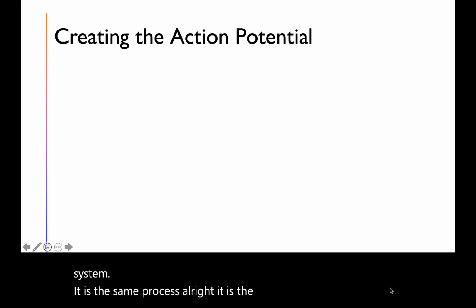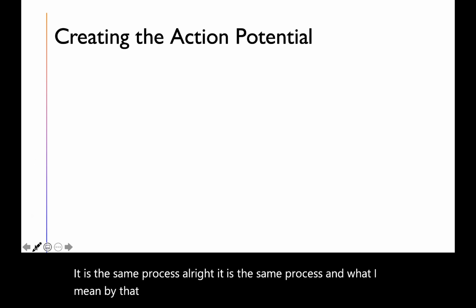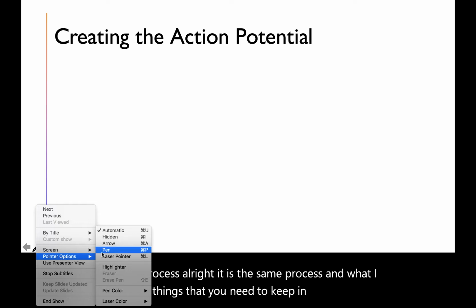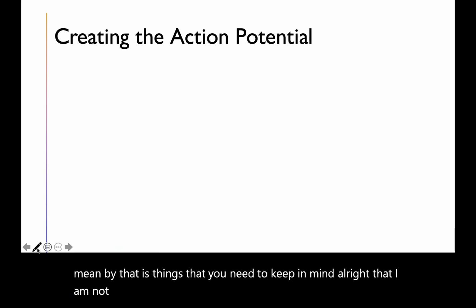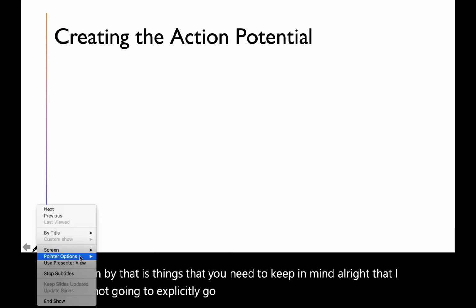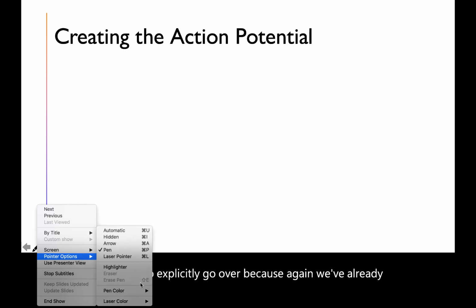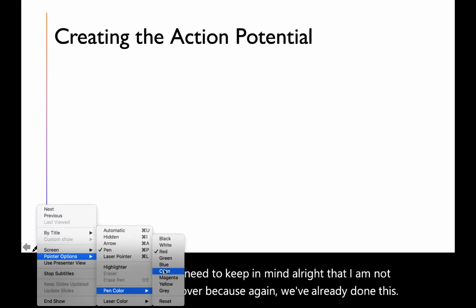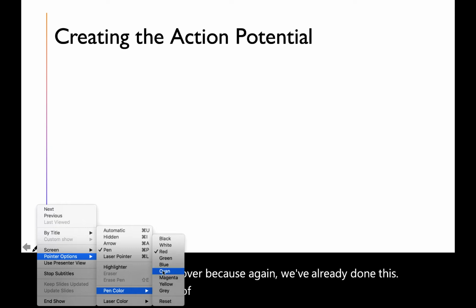And what I mean by that is things that you need to keep in mind that I am not going to explicitly go over because, again, we've already done this, and I'm not going to rehash it again.